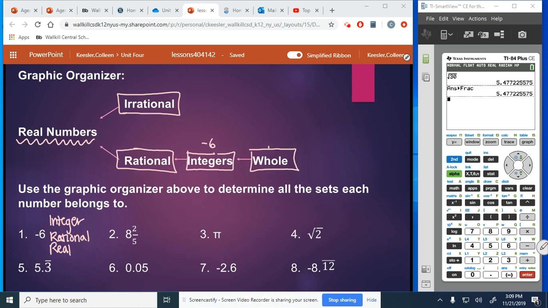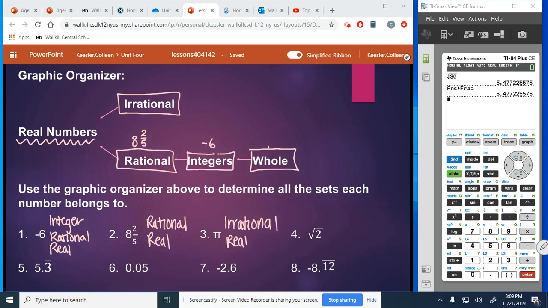Now right away, I see a fraction there that cannot be expressed as a whole number, so that is rational. And since it's rational, it is also real. Then we have pi, which we talked about before. That is a non-repeating, non-terminating decimal, so it is irrational and also real.